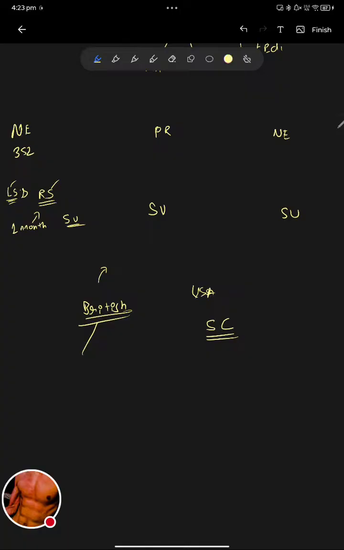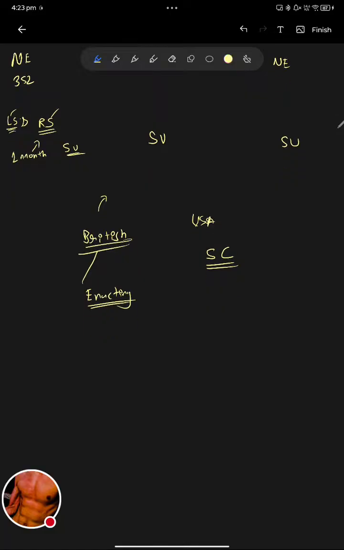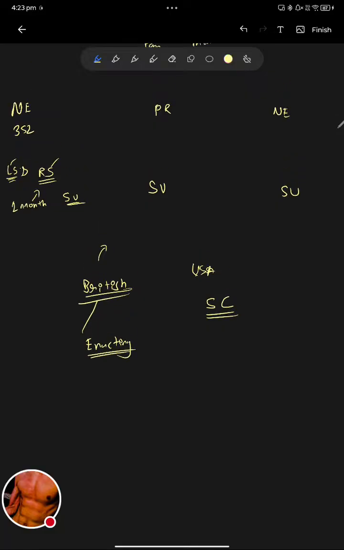That's the whole thing, and that is enacting. About the US, I don't know, but I think the US is also enacted. So national emergency, and president's rule.